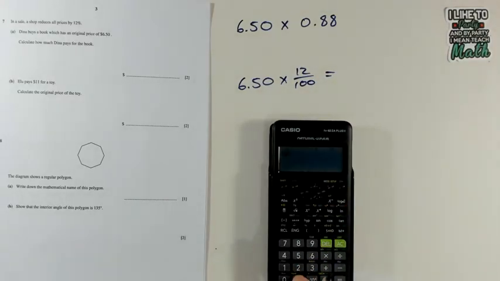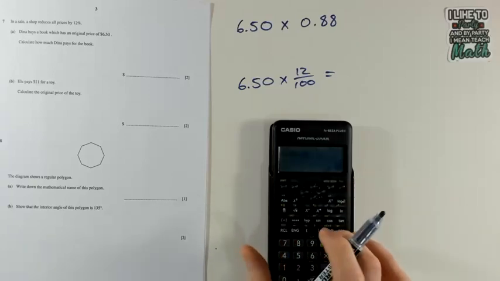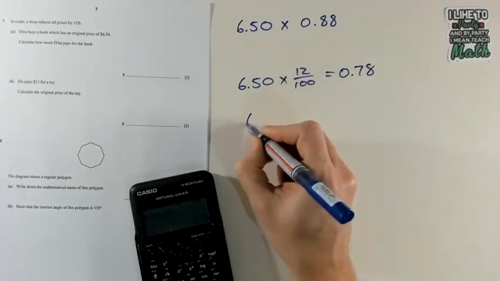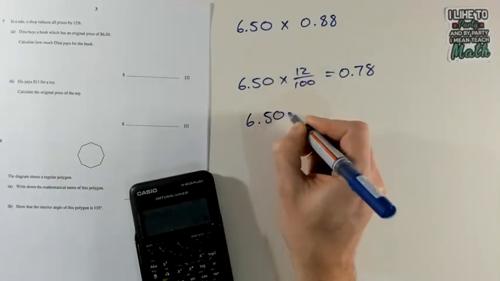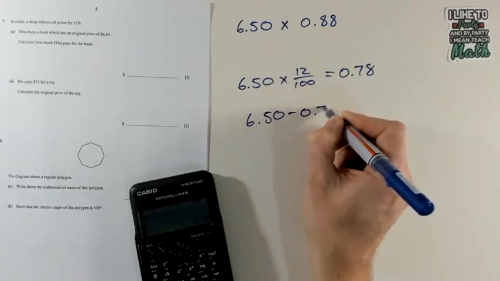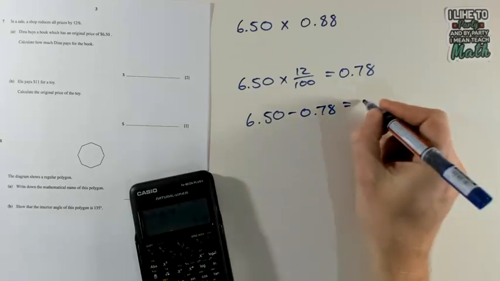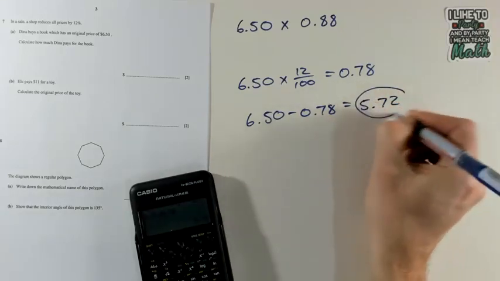So 6.5 times 0.12 gives 0.78, and then 6.5 minus 0.78. Nothing wrong with this method. And then we get to 5.72.